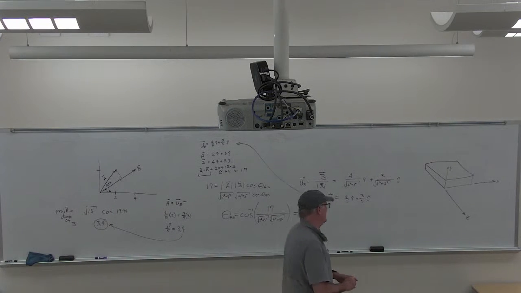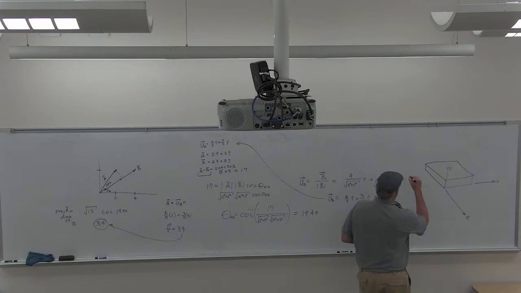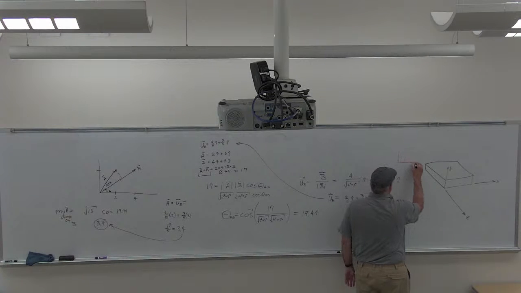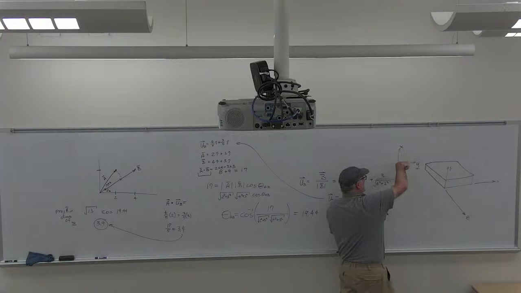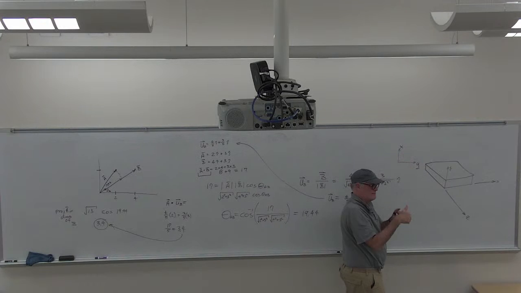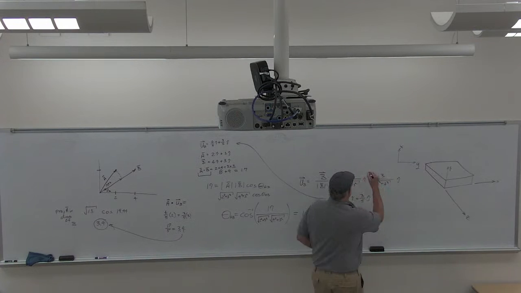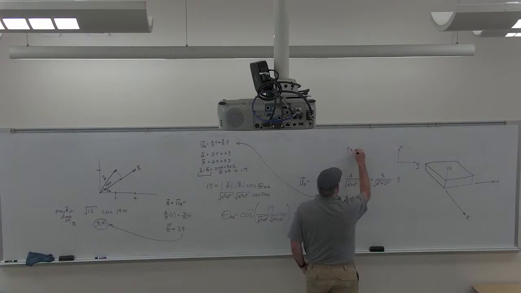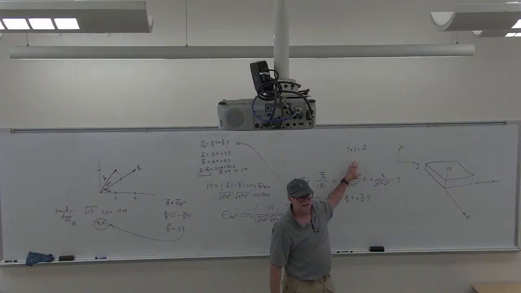So if you do this, x and y, you take your hand and shove your thumb in the z direction. The reason being is that i cross j is equal to k. We'll get to cross products, don't worry about that.